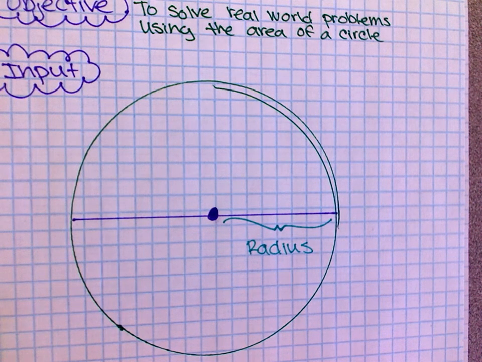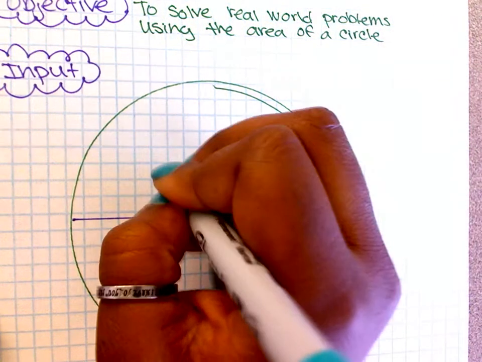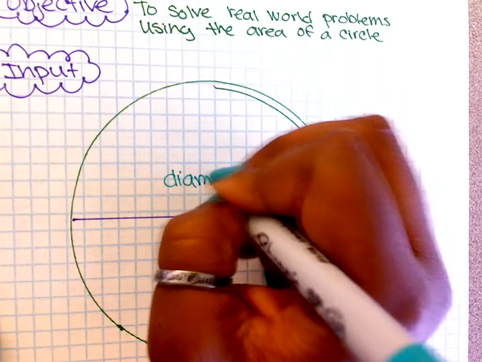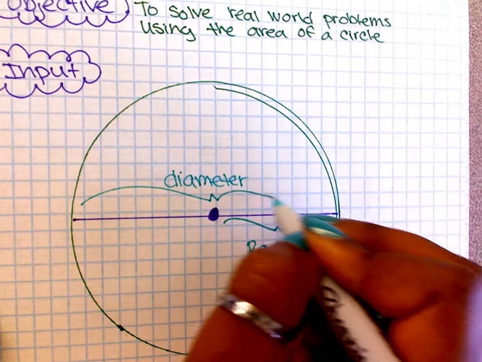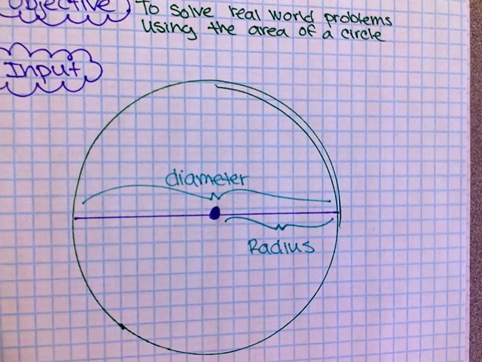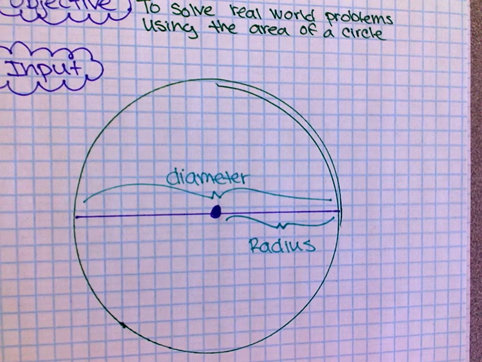The whole line is called the diameter. Diameter is this whole line. So the line all the way across is the diameter, and half of it is the radius.